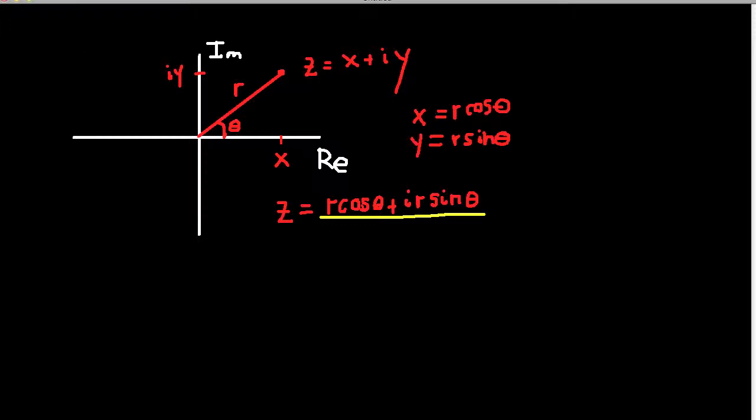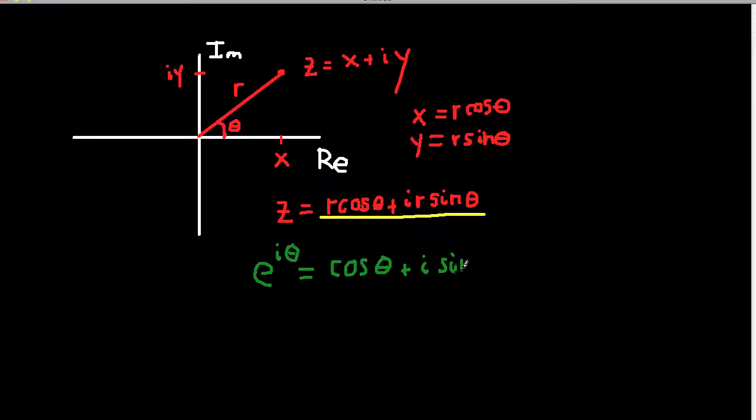Now, this is an important and useful way of writing this expression. And here is the important and useful part: we're going to use the fact that if we take the number e to the i theta, so e raised to the i theta power, it is equal to cosine theta plus i sine theta.